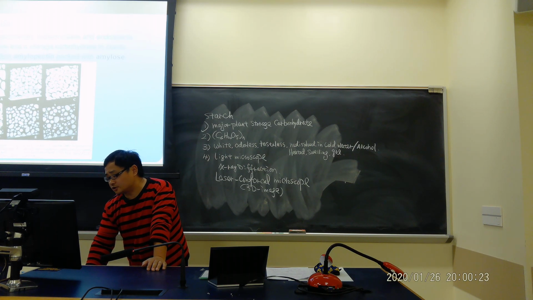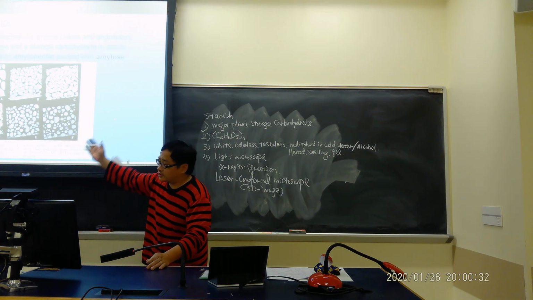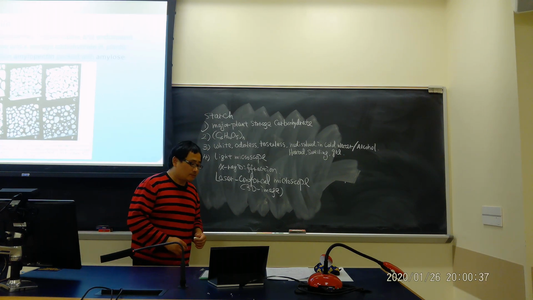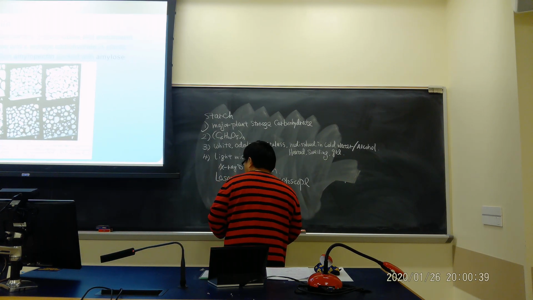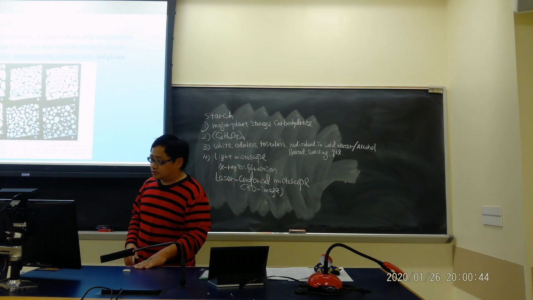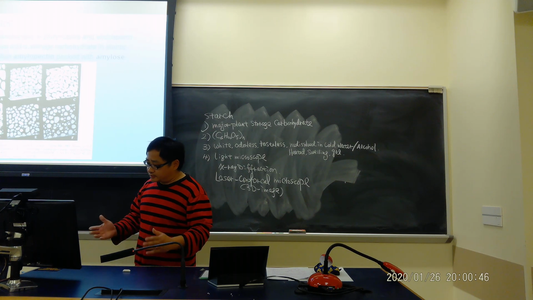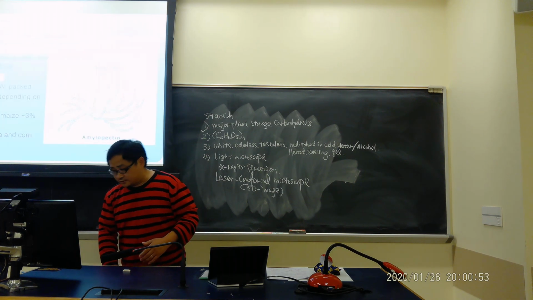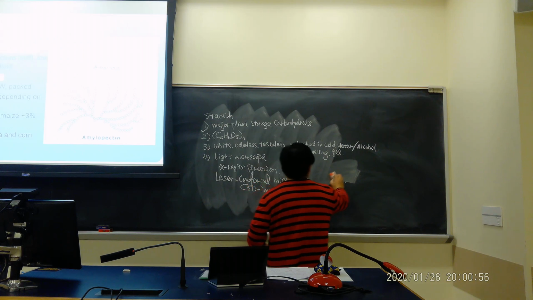It's a major resource for starch in the United States and also in the world. About 80 to 90% is coming from those. Okay, so you can see very clearly the particles of those large starch. Now we will be spending some time to talk in more detail about the starch granule, which is composed by millions of amylopectin and amylose. So we want to spend some more time to talk about this.